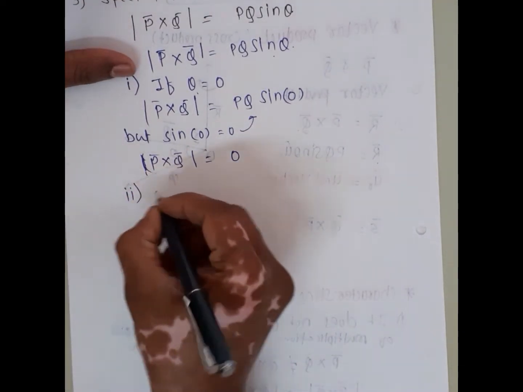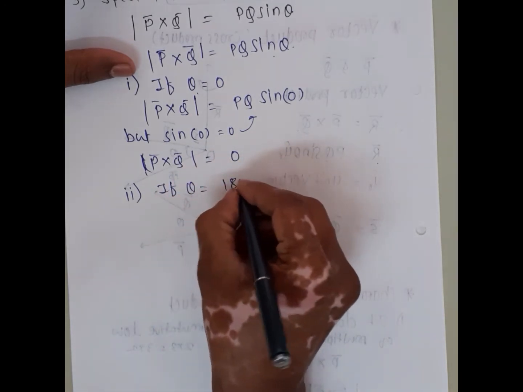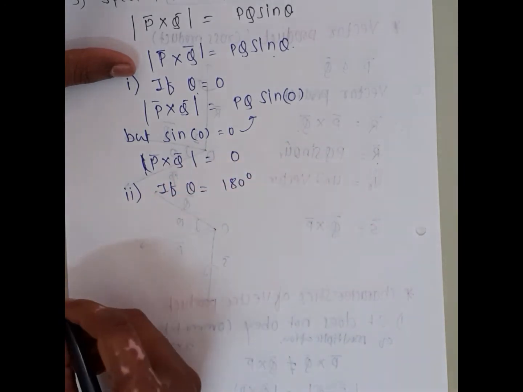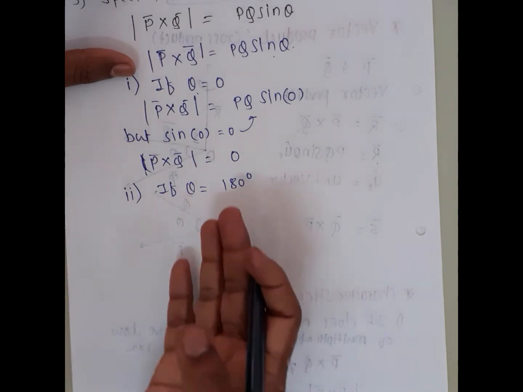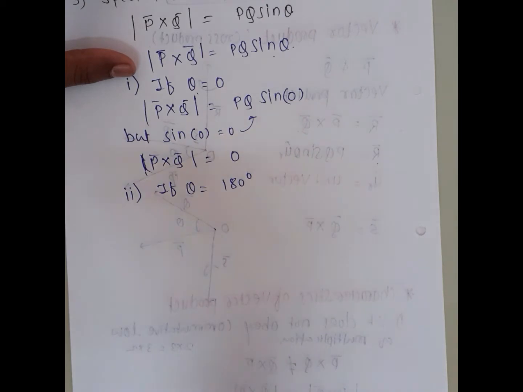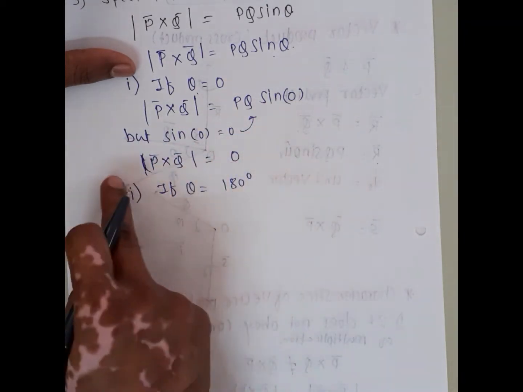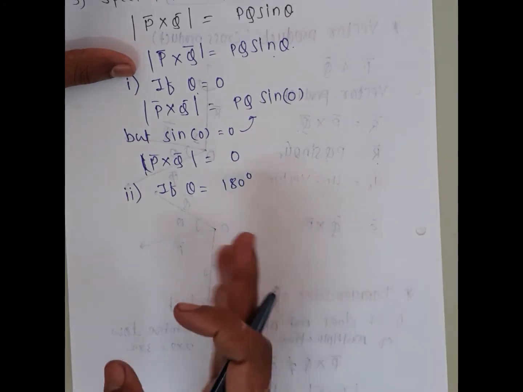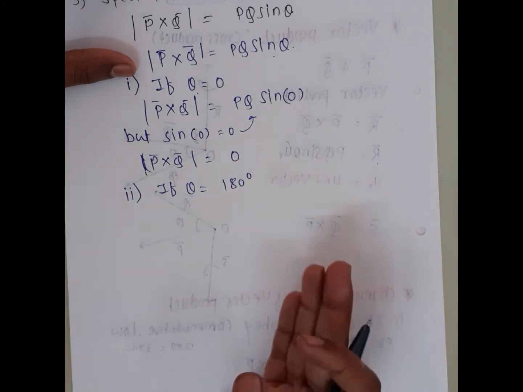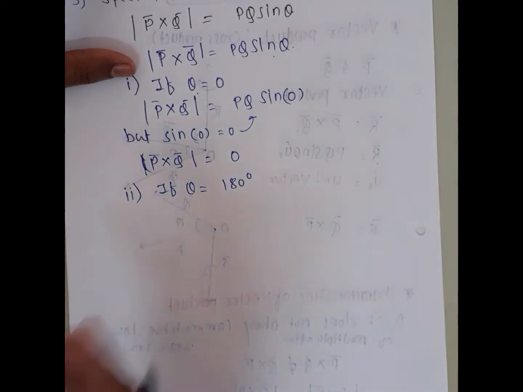Then the second case is, if theta is equal to 180 degrees, then what happens? If the two non-zero vectors are anti-parallel, meaning their directions are opposite, then this vector is also 0. Why? Because sin 0 is 0, and sin 180 is also 0. Cos 0 is 1 and cos 180 is minus 1, but here we do not write minus 0, that is not correct.